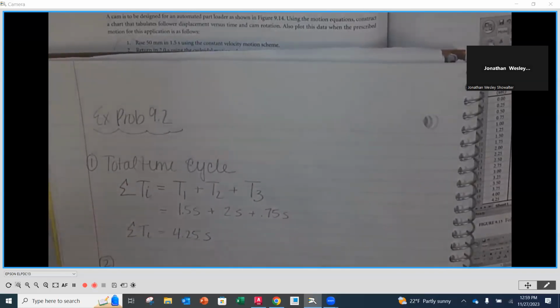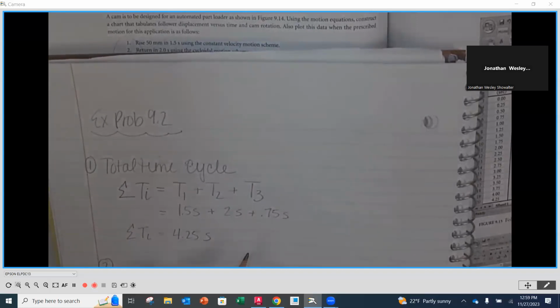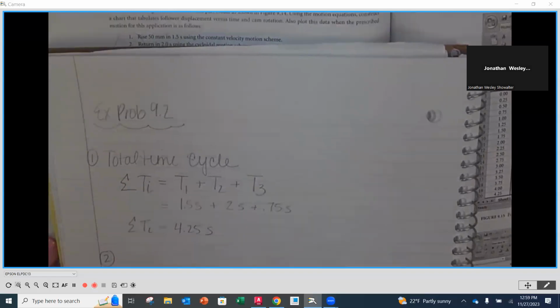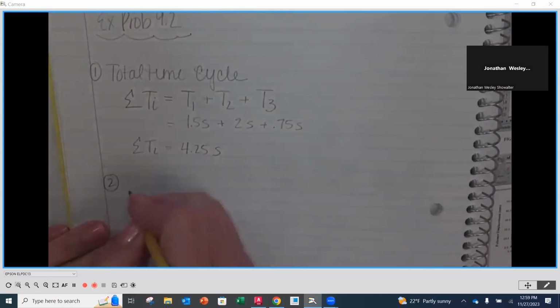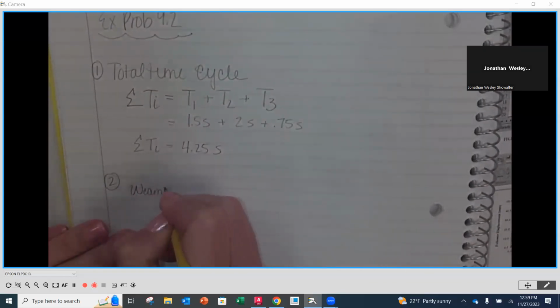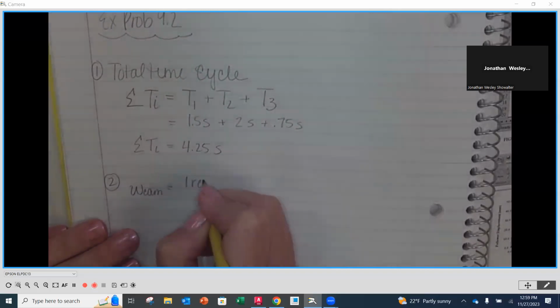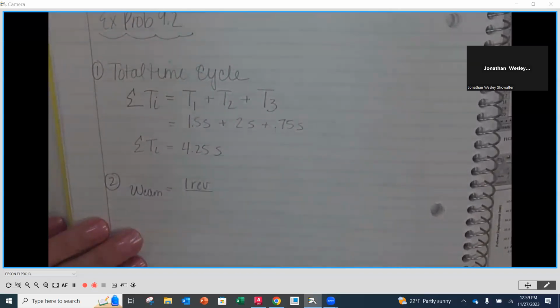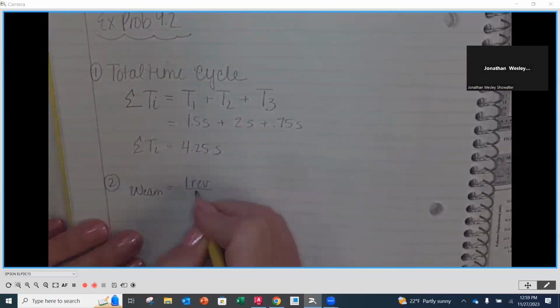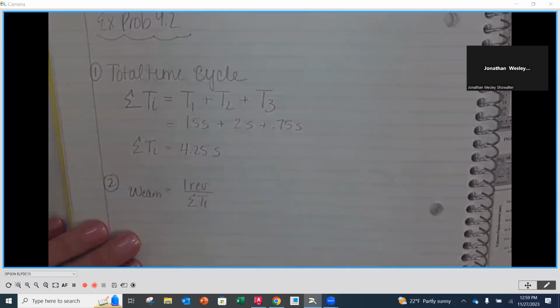So step number 2, we now want to determine the rotational speed of our cam. What is the rotational speed of our cam? So our omega of our cam is going to be equal to 1 revolution of that cam, because all of that motion has to happen in 1 revolution, divided by the total time that we need to go around that 1 revolution.